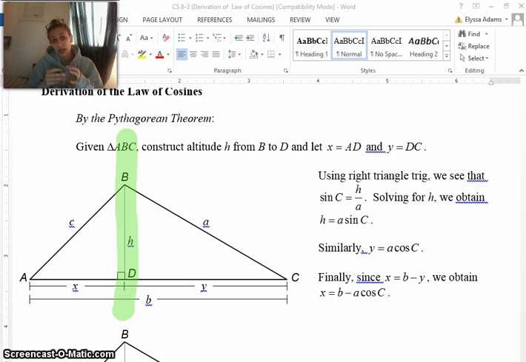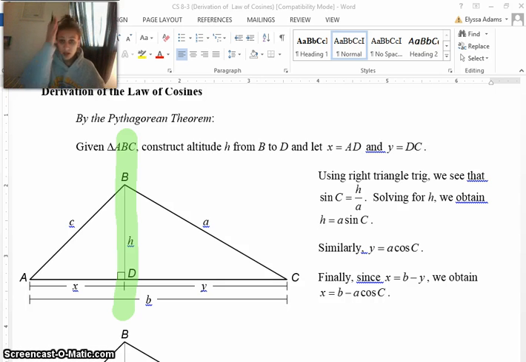So we just took this triangle that we really don't know how to work with, and we changed it into two little right triangles. By having right triangles, we can use the Pythagorean theorem. We can use SOHCAHTOA. We can use all those awesome things.